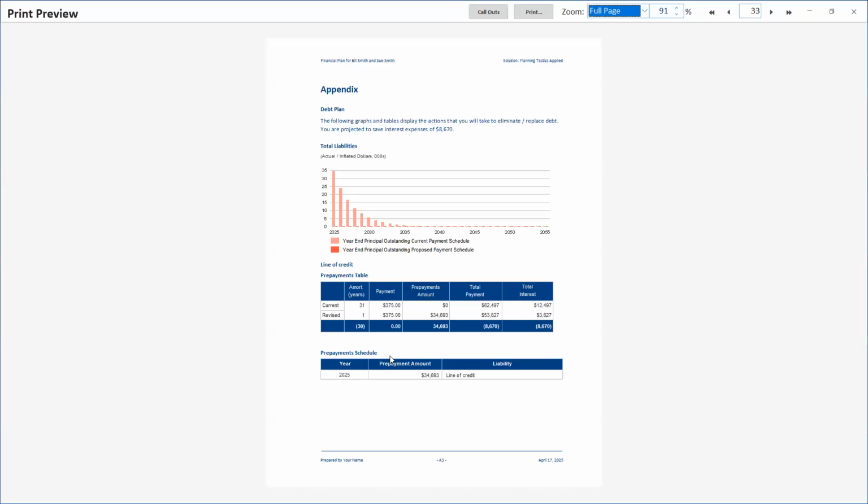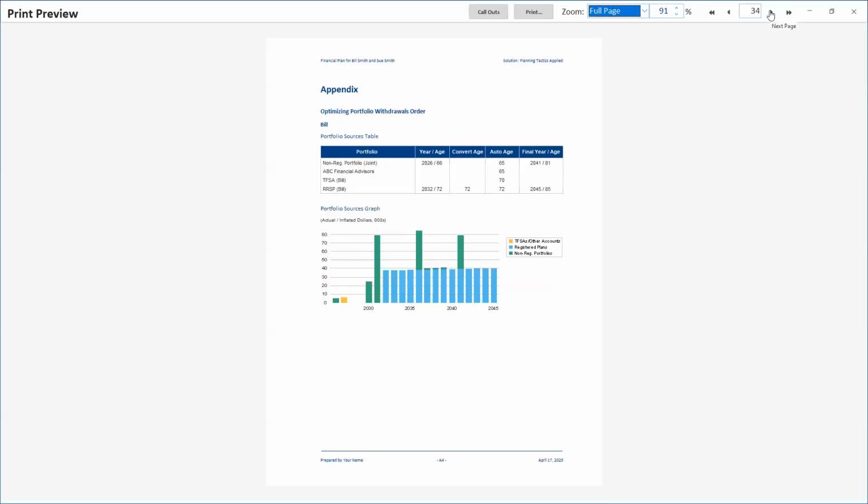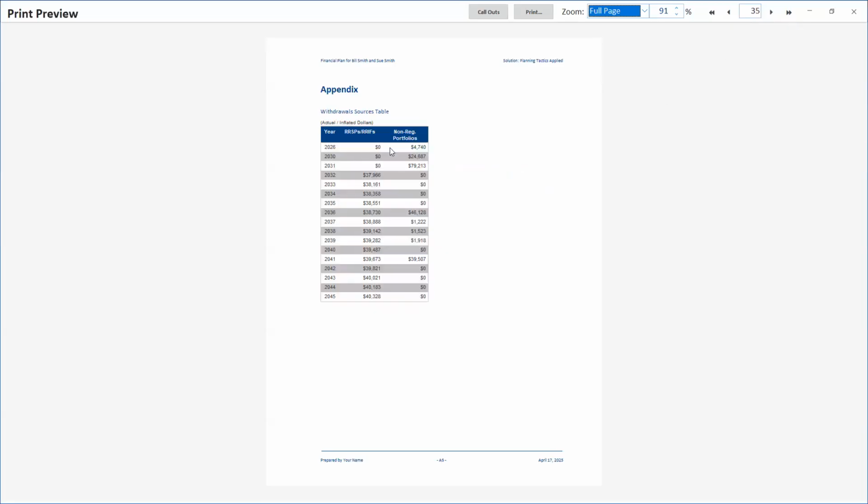And then there's also a table that shows a prepayment schedule that sums up all payments for all liabilities, what's being paid down for the different liabilities in 2025, the different liabilities in 2026. And then finally, optimizing portfolio withdrawals order, kind of a summary. And then, as you can see here, a table that shows where all the money is coming from.